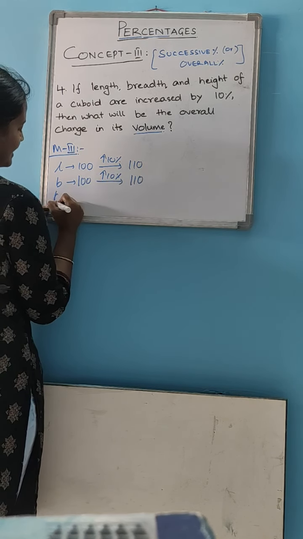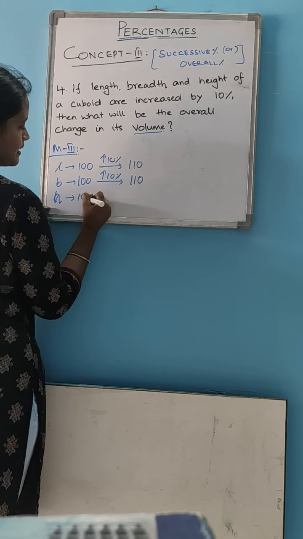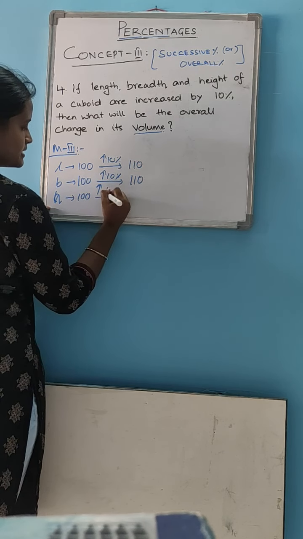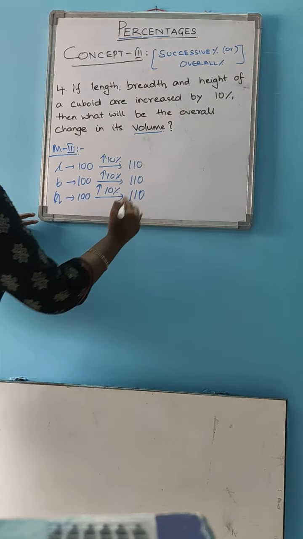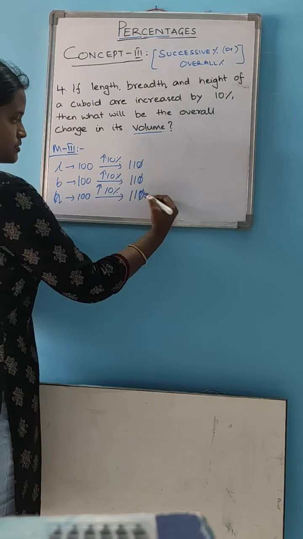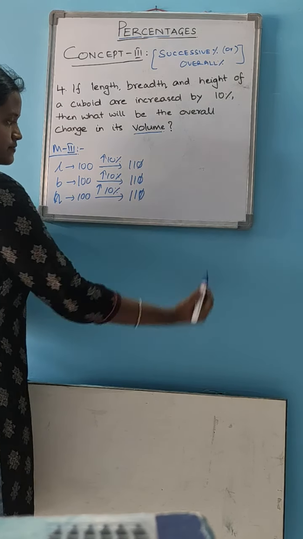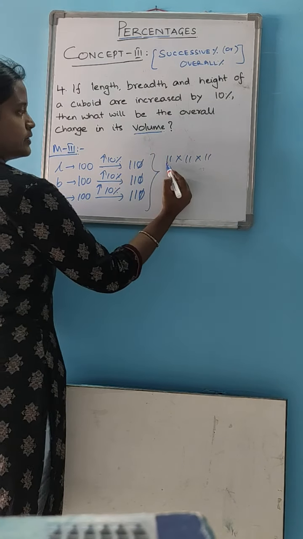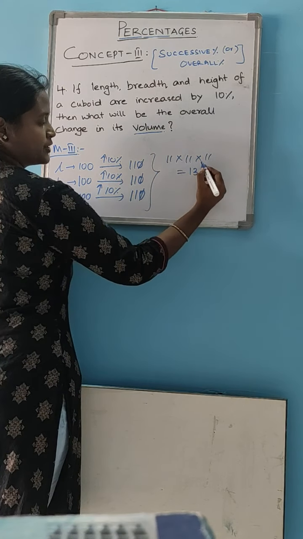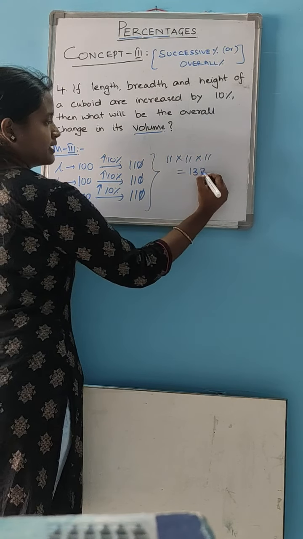And height is also 100, increased by 10%, so it is also 110. So you can cancel all three zeros from the three values. So the entire value is 11 into 11 into 11, that is 11 cubed, 1331.